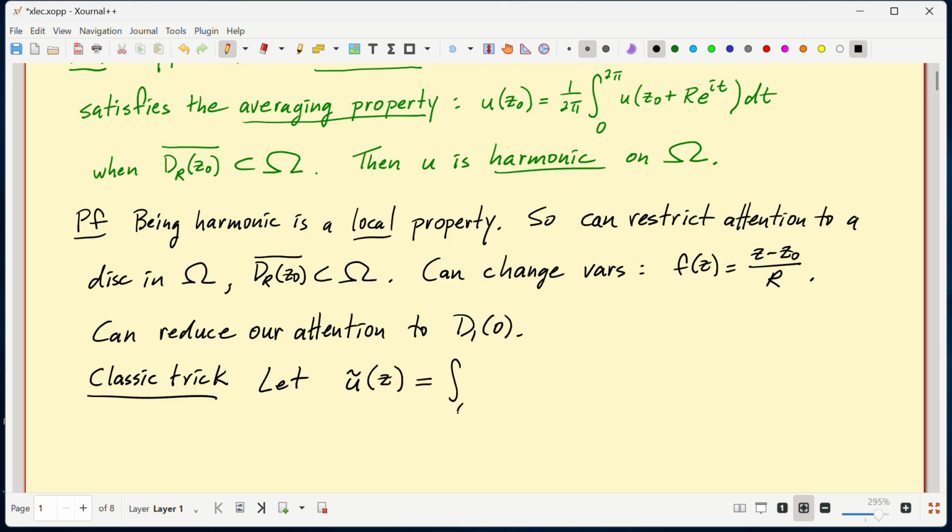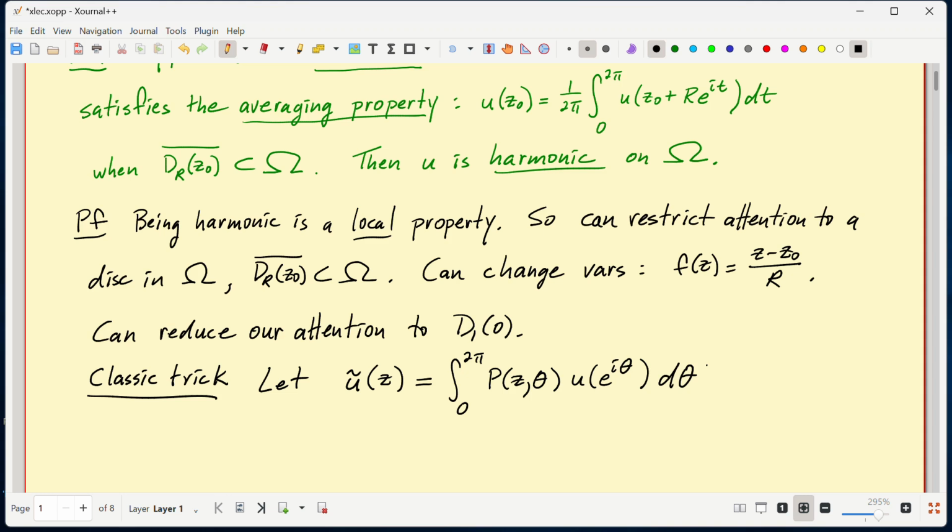I think last time I wrote out this formula, I didn't have the square in the denominator of the Poisson integral. Well, I fixed that in the notes. Okay, so that's the Poisson integral of the boundary values of the little u. Call that u twiddle.